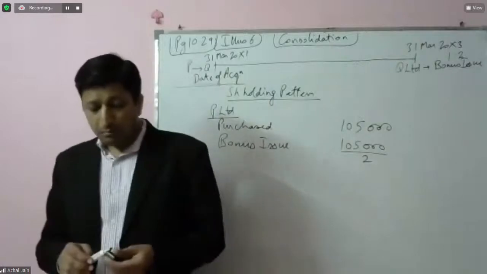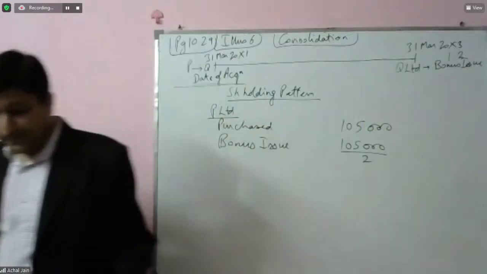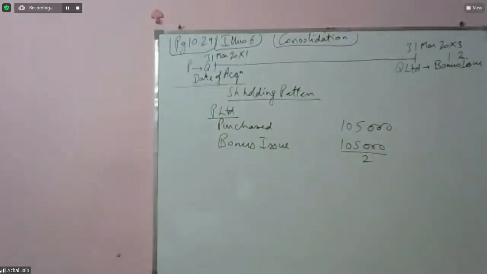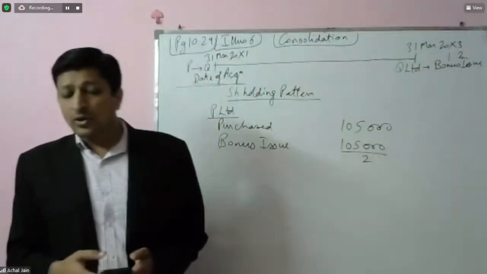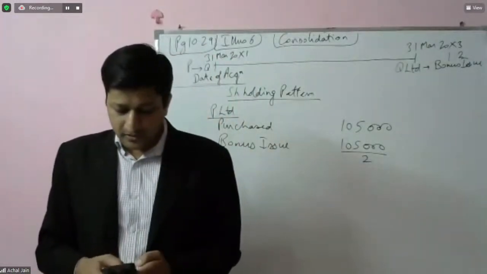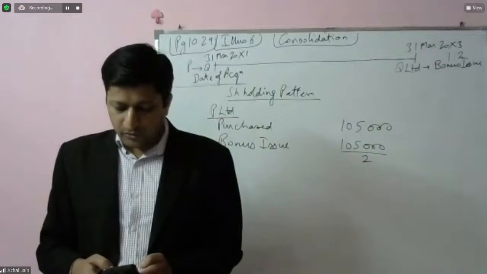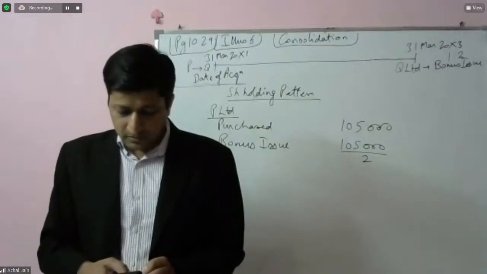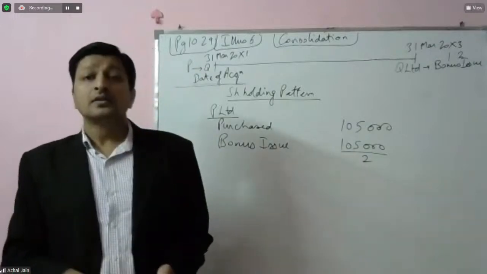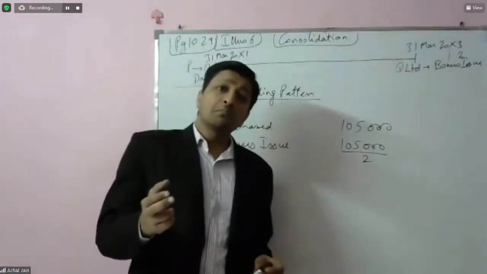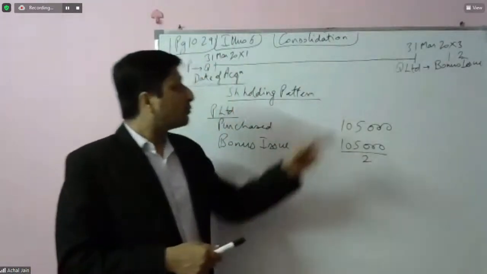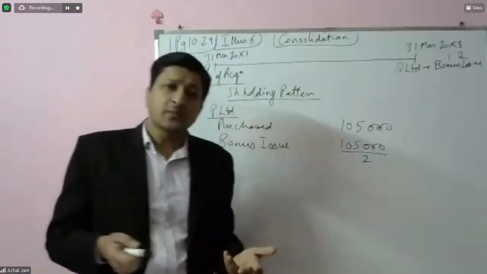Now, if we need to compute the percentage shareholding, let's start computing this. Because of this bonus issue, can we say that the shareholding of P will change? Can any of you let me know? The answer is no. Why? Because the shares going through bonus issue are in the same proportion.